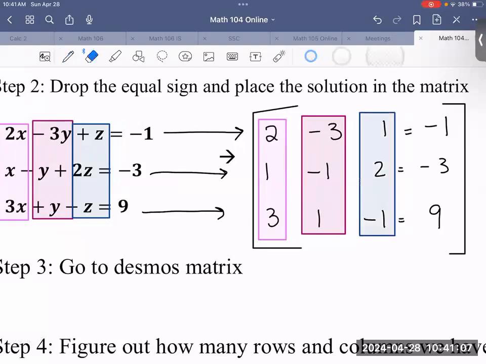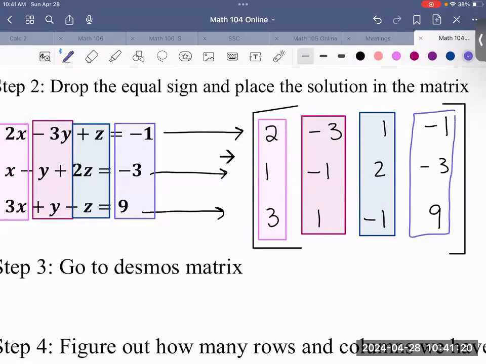And we're going to erase this equal sign, and then all of your solutions on the other side should be as followed here. So this should be your x's, your y's, your z's, and your solution. So just taking your coefficient, dropping the equal sign, and placing it in.